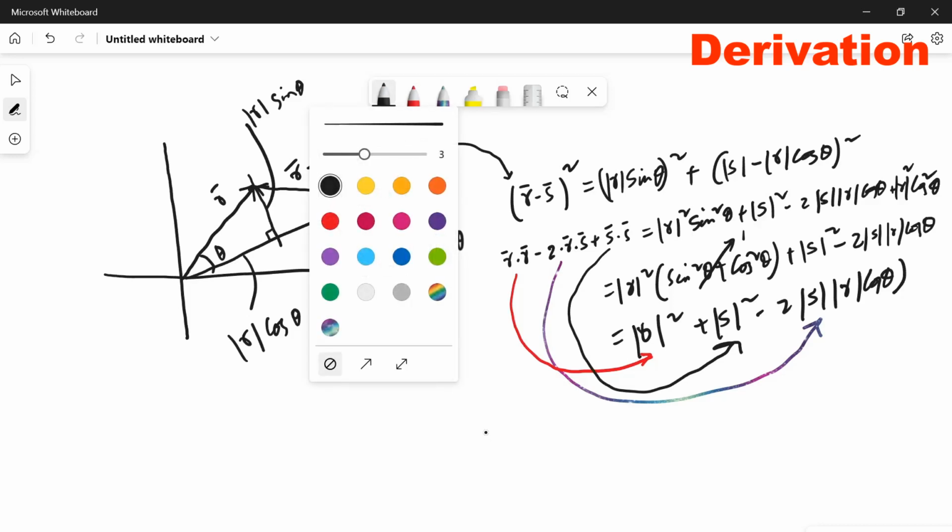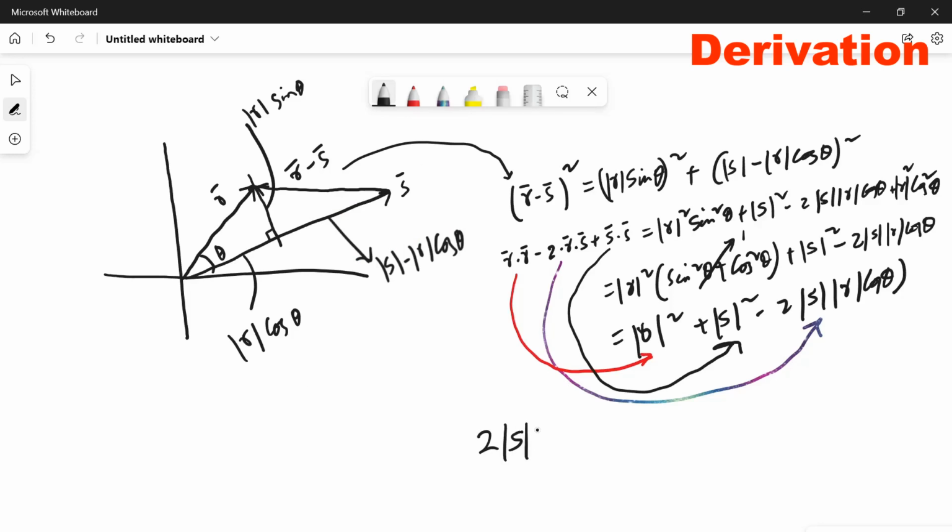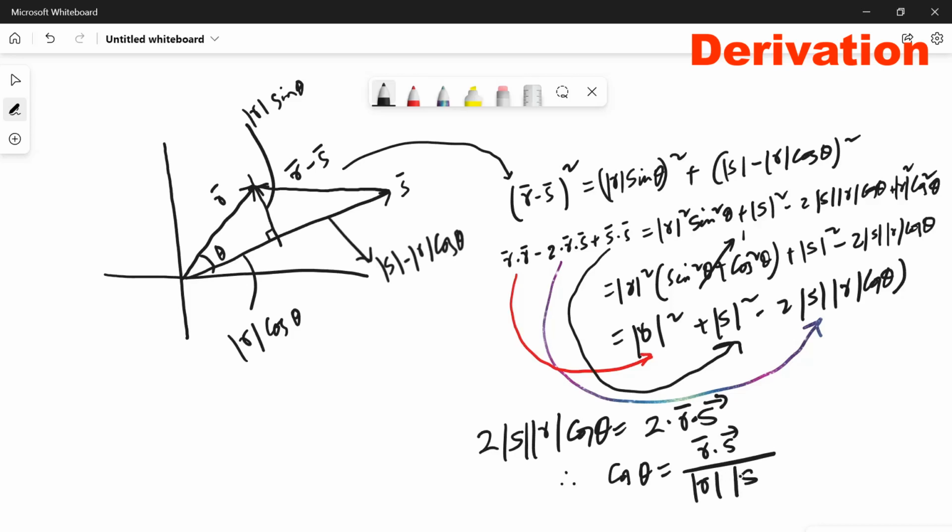By comparing both sides, we can write 2 s mod and r mod cos theta equal to 2 r dot s. From this, we can find cos theta equal to r dot s divided by r mod and s mod.